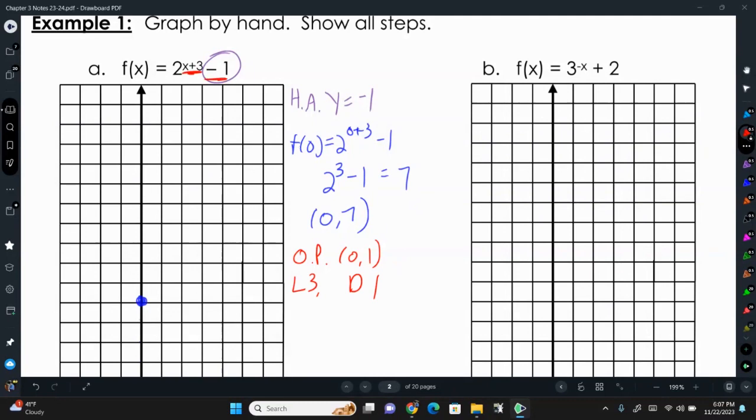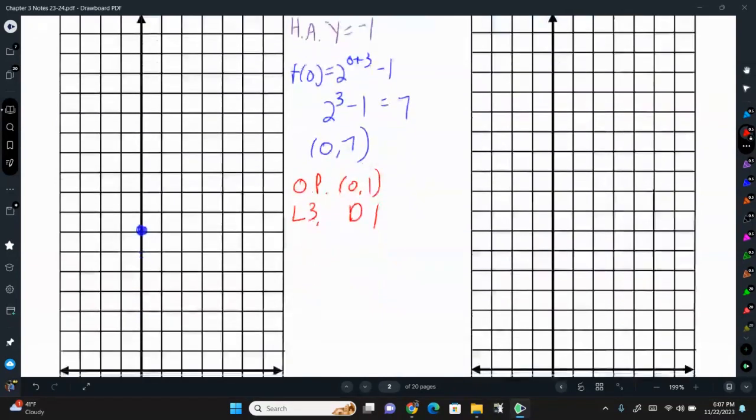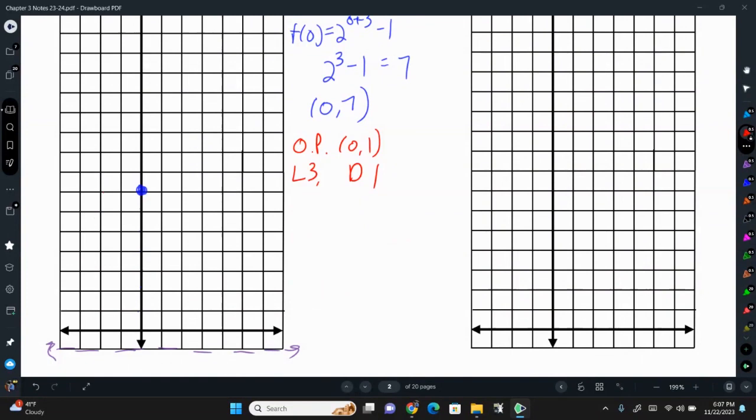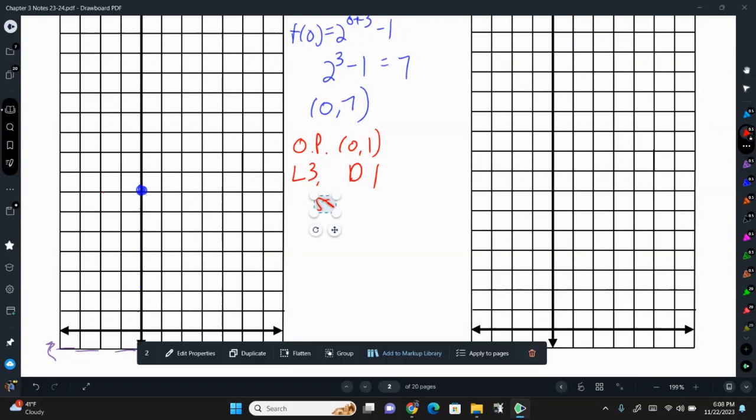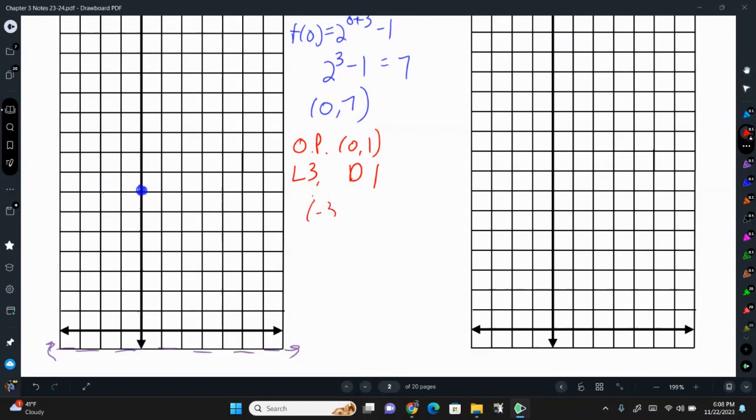Because it's plus 3 and minus 1. So we take that point 0, 1, we go left 3, down 1, we get -3, 0. Okay, that's right there.